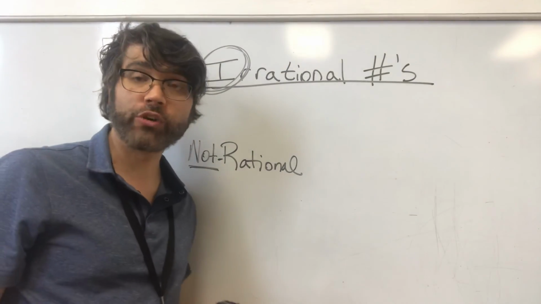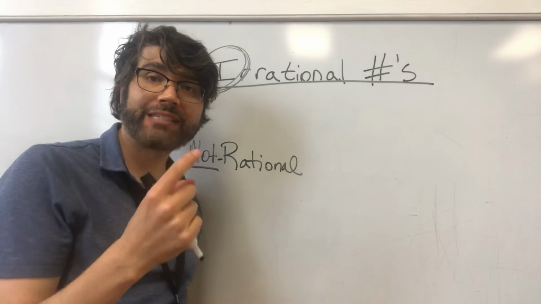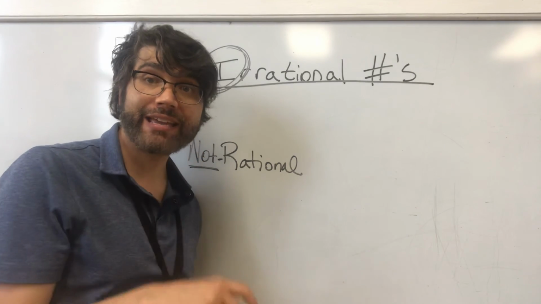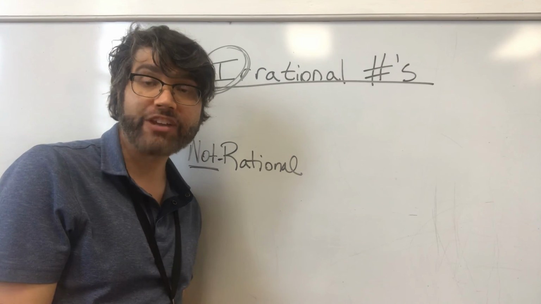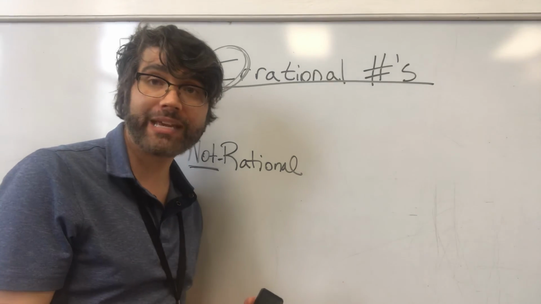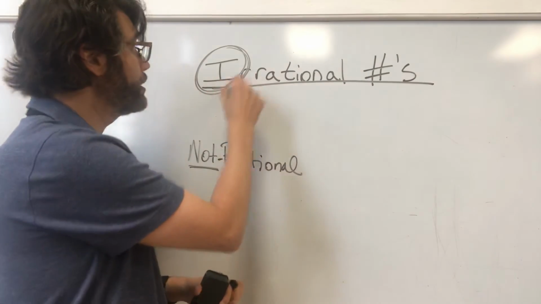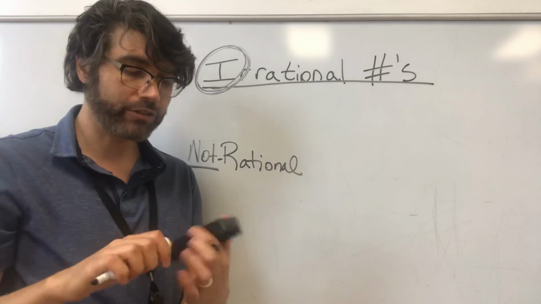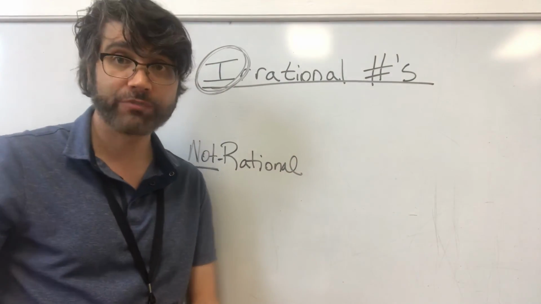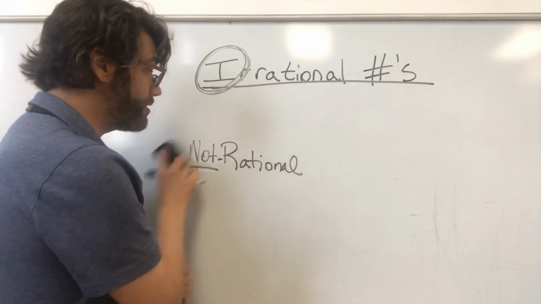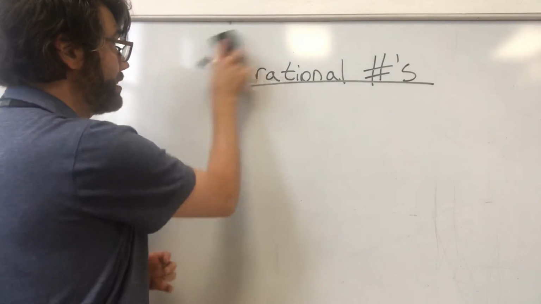So think of the word relevant, stick an IR in front of it, and you get irrelevant, meaning the opposite of relevant, not relevant. So this is a really good prefix in order to turn a word into its opposite. So now we're dealing with the opposite of rational numbers, which are not rational.